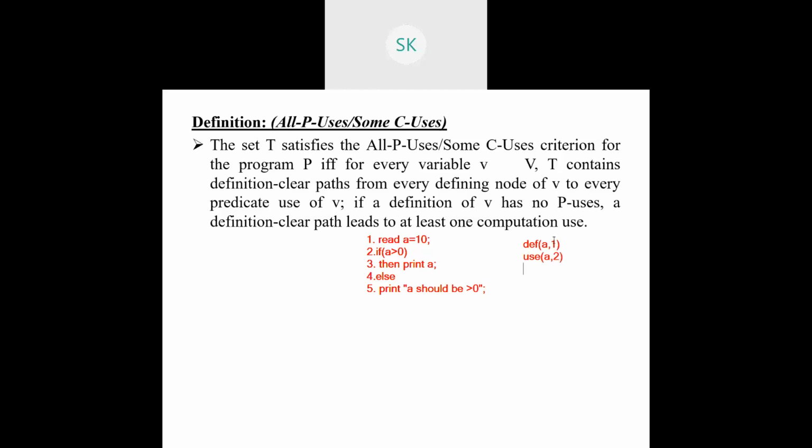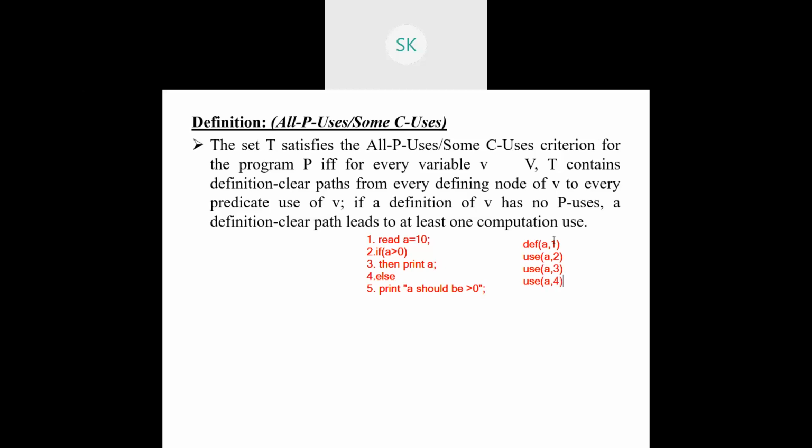Then it has been used in the third statement also, where you are printing some particular value. Next one, that's it right now. If you are printing the value of a in the last statement also, then it would be a computational use.